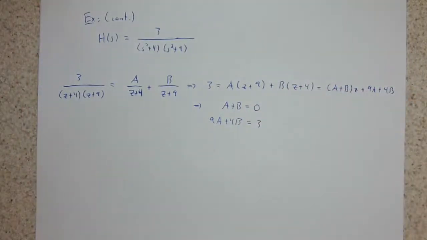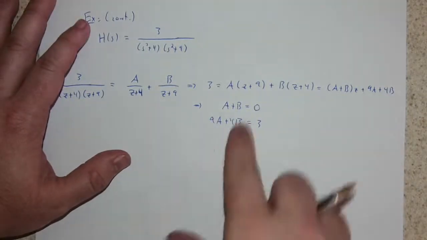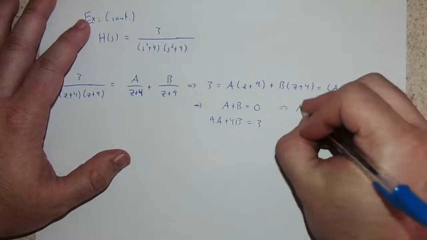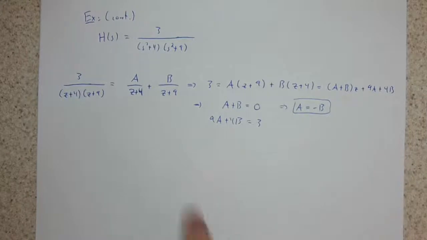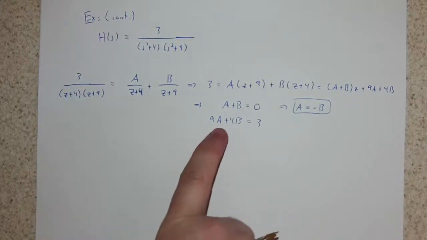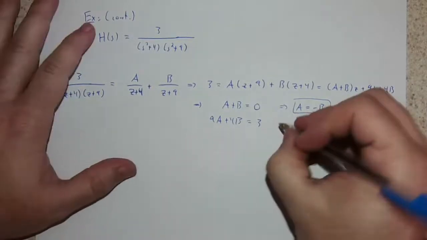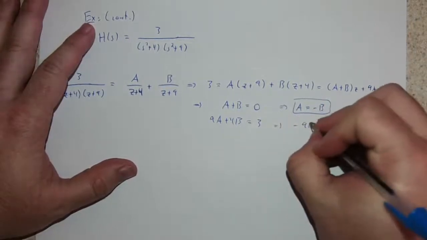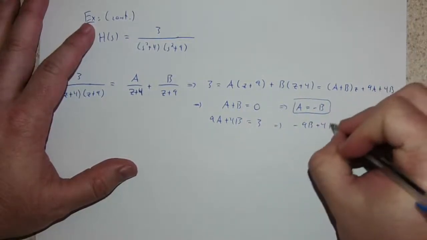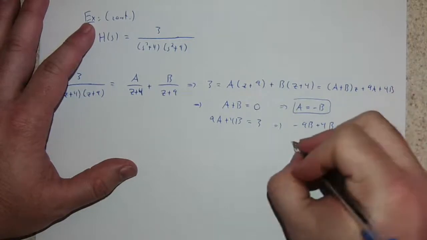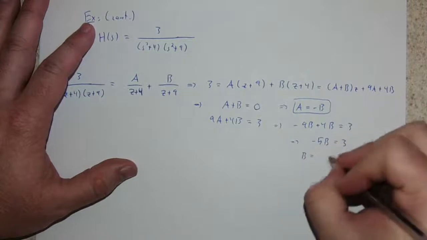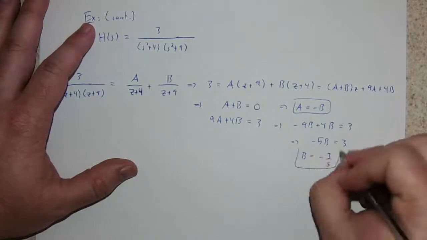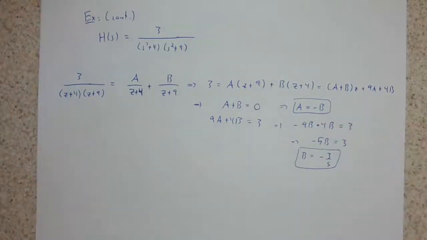But then A plus B being equal to 0 means, for instance, that A is equal to minus B, right? Putting A is minus B here, the second thing becomes minus 9B plus 4B is equal to 3. So this is minus 5B is equal to 3, or B is equal to minus 3/5. So if B is minus 3/5, then A is 3/5.